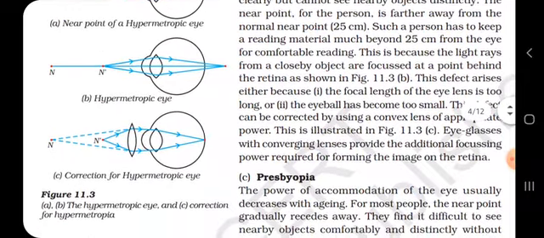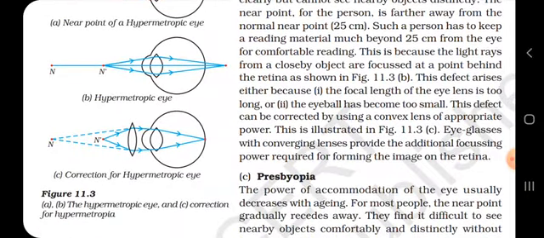So hypermetropia is known as farsightedness. You can see far objects clearly but cannot see nearby objects clearly. And the second thing was what? That the focal length of the eye lens is too long or the eyeball has become too small. Convex lens is the correction for the hypermetropic eye.